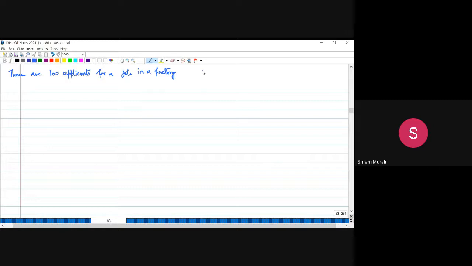Some of them are graduates and non-graduates, which are listed below. Some of them are commerce graduates, some are not. Some of them have at least 5 years experience. So this is a tabulated one.